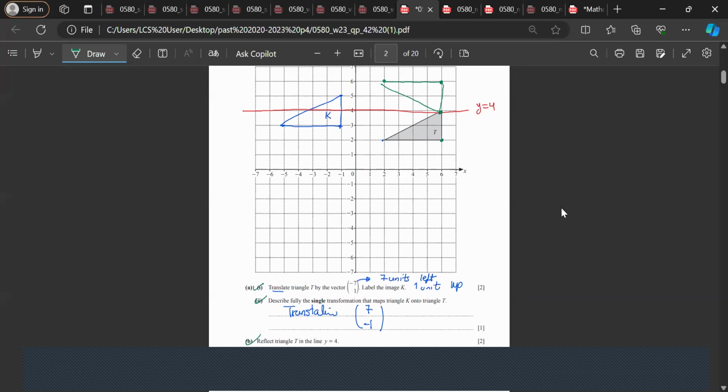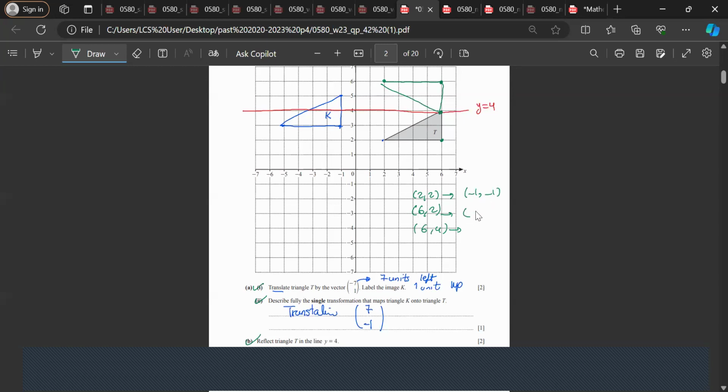I will write here the numbers of the points. I will plot the points of the triangle, which are (2, 2), then (6, 2), then (6, 4). Then multiply all the numbers by -1/2. Multiply 2 by -1/2, -1, -1.